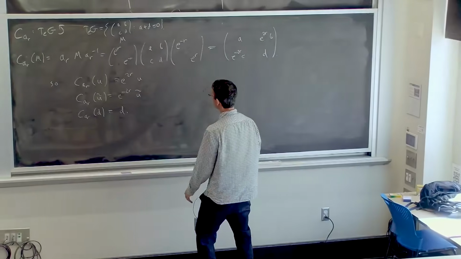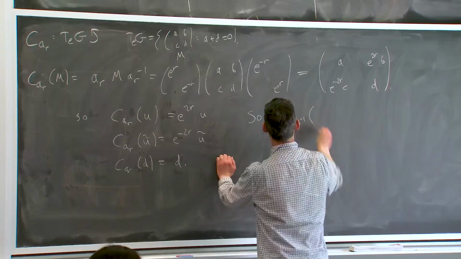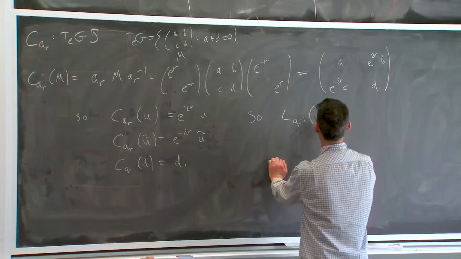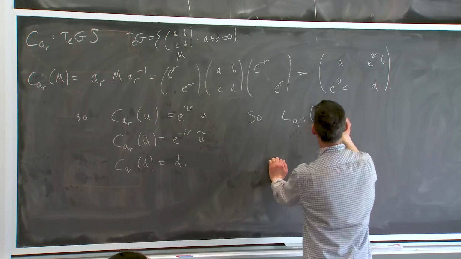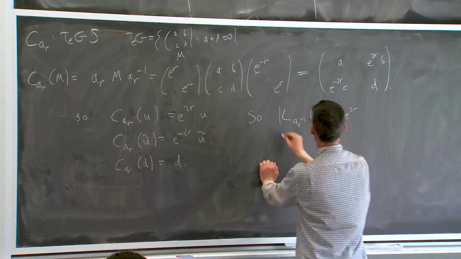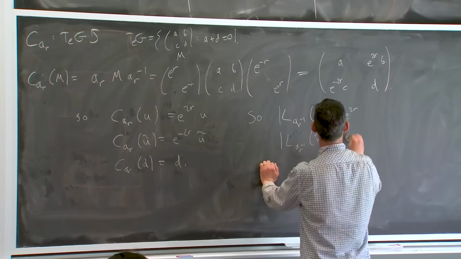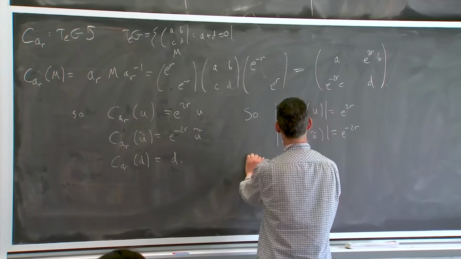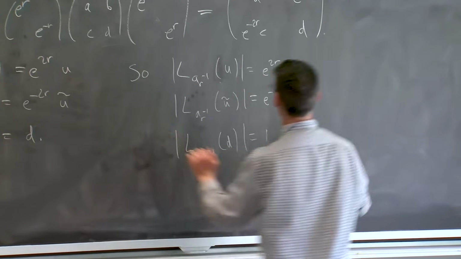OK. So the conclusion from this is that the length of L sub A_r inverse of U is e to the 2r. L sub A_r inverse of U tilde has length e to the minus 2r. L sub A_r inverse of D has length 1.